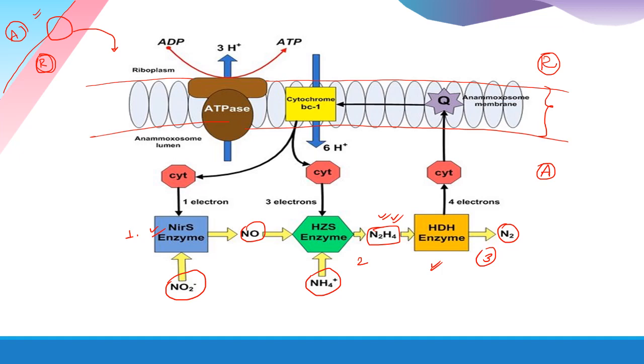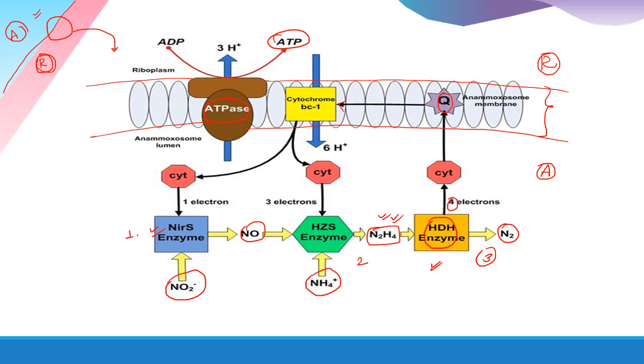Then if we see the electron flow, from the hydrazine to nitrogen conversion in the third step, the 4 electrons are transferred to the cytochrome. Then it goes to the quinone complex. After that, it is supplied to cytochrome bc1, and the cytochrome bc1 has an ATPase activity, which helps in production of ATP.